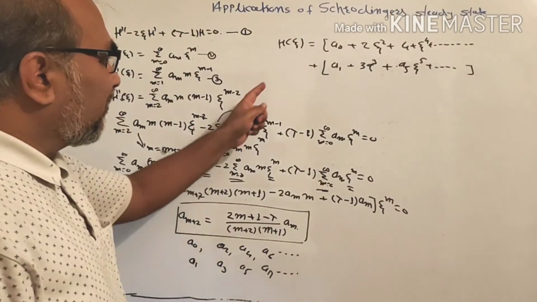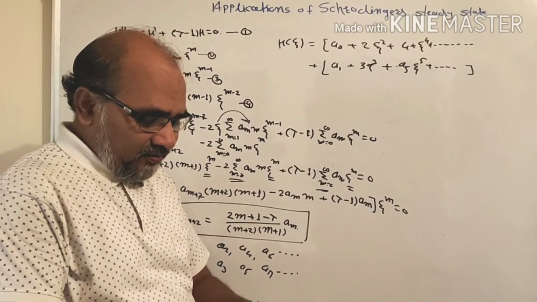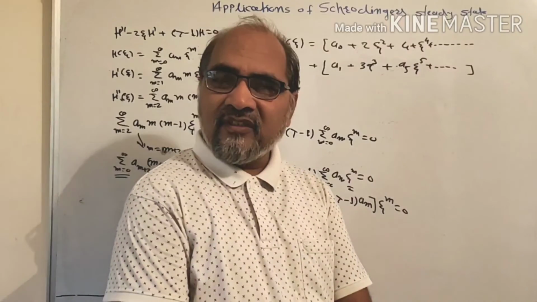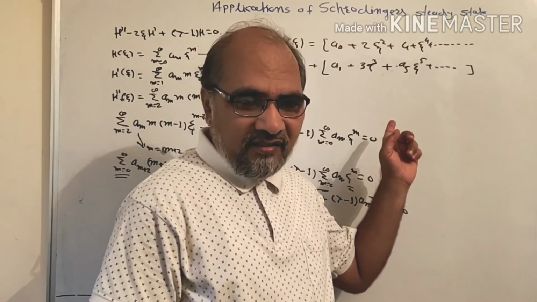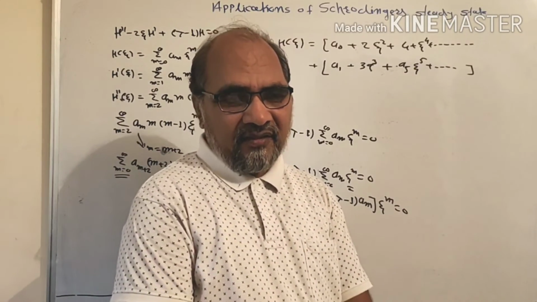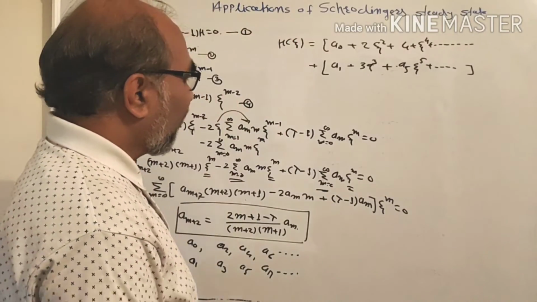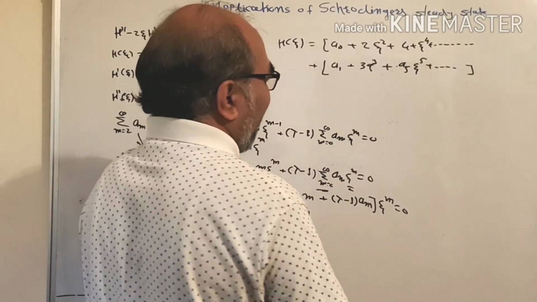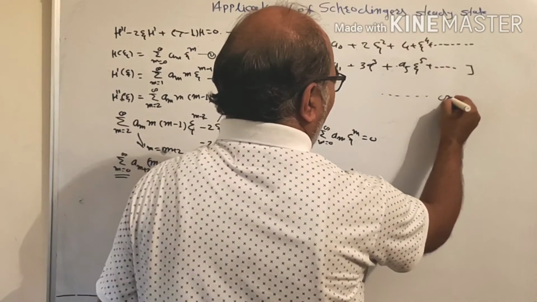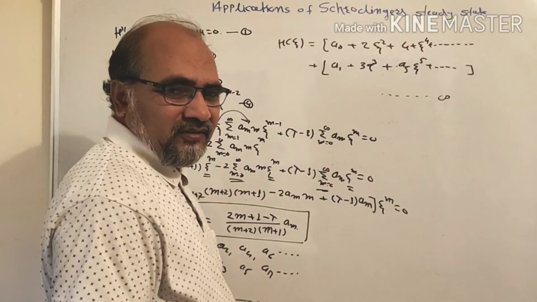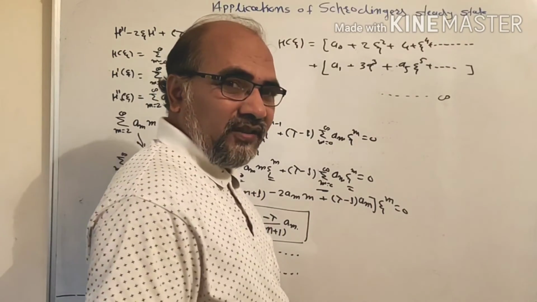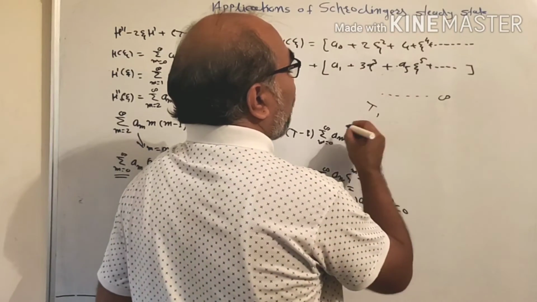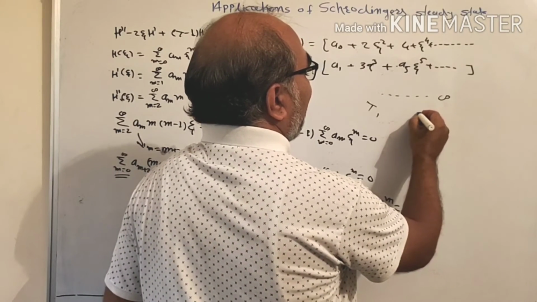So this is a power series, and if you check the convergence of this power series, then we can easily show that it is a divergent one. Therefore there is a problem for the asymptotic solution. The solution has an infinite number of terms in the power series, and for a given level of energy lambda, this solution is unacceptable.